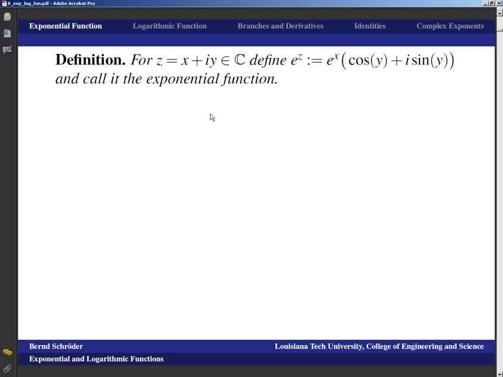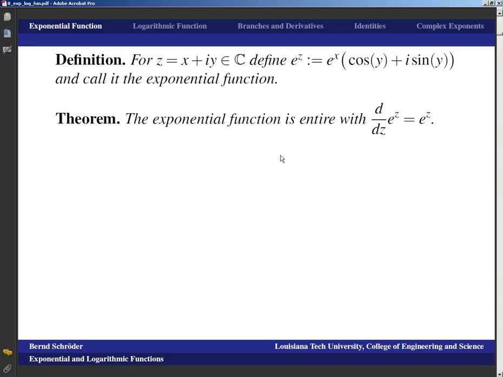We now just use the x and y values as radius and angle for the polar form, and so that basically maps the rectangular representation to something that is polar, if you will. The exponential function turns out to be an entire function, so it's differentiable in the whole complex plane, and the derivative is what we expect it to be from the real line. The derivative of the exponential function is the exponential function itself.